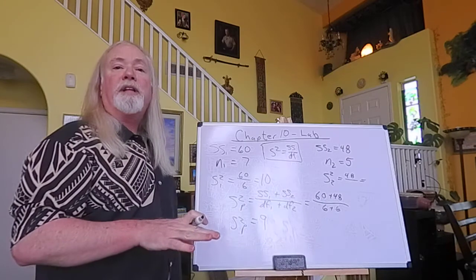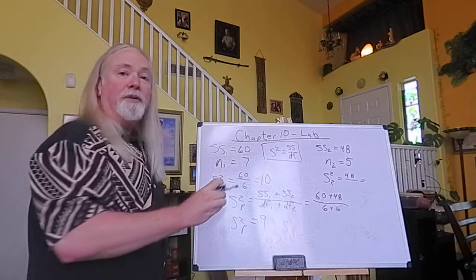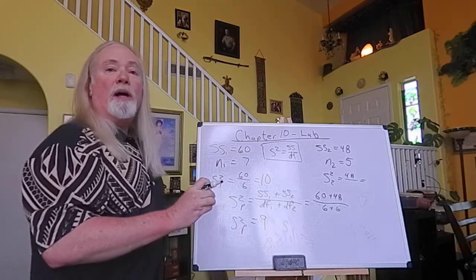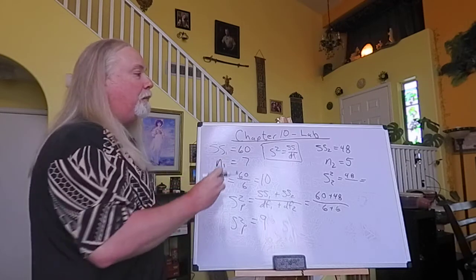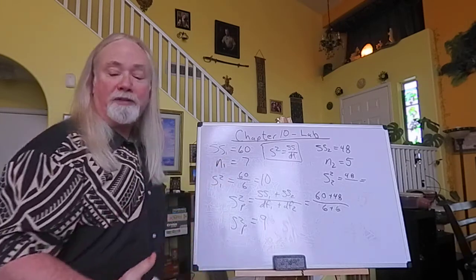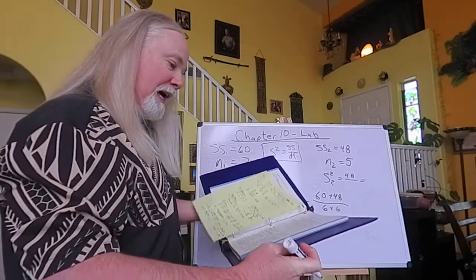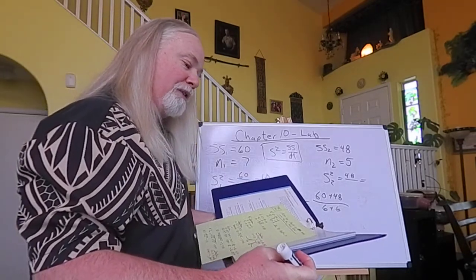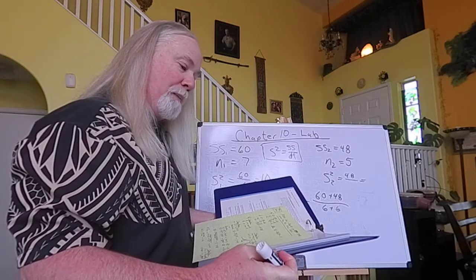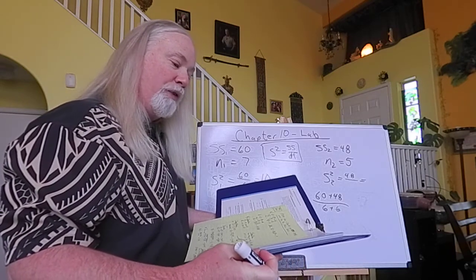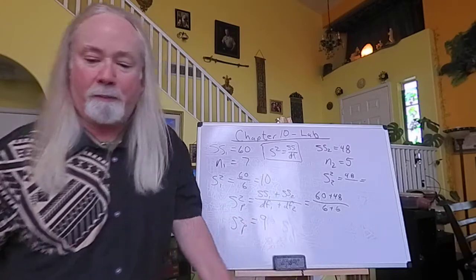And again, it wants us to calculate each sample separately, and then it wants us to compute the pooled variance, that combined variance. And again, it gives us a hint here. It says, again, calculate the sample variances and the pooled variance.